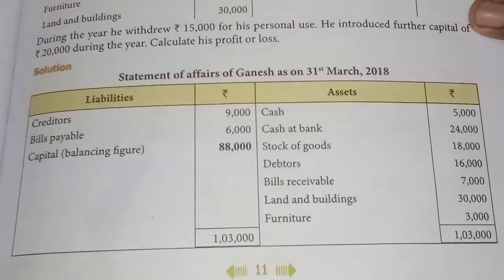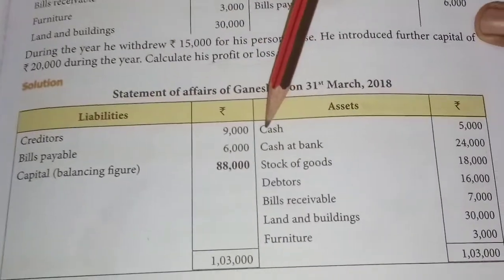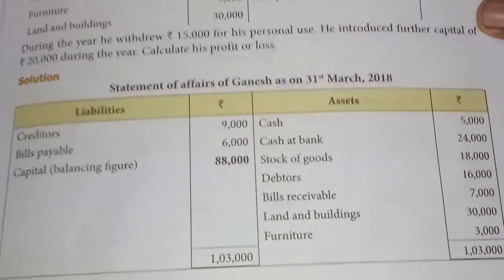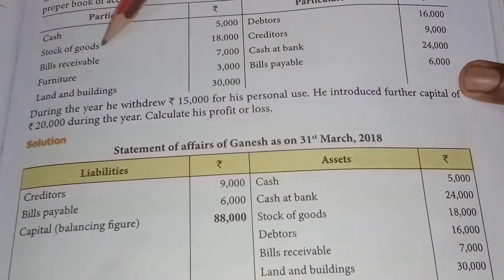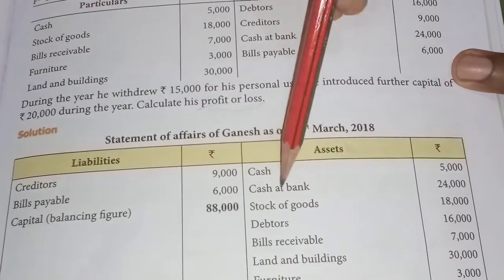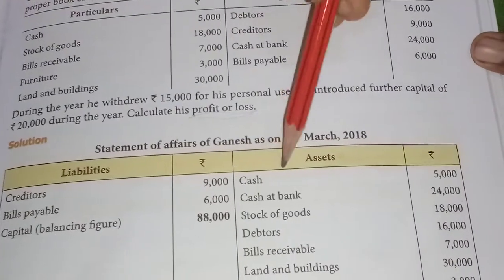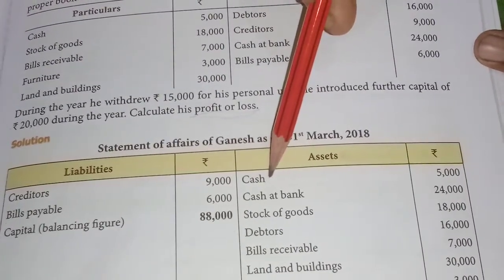That is given here. We have to start from the first item, cash. Cash will be written on the asset side. Next item, stock of goods. That will be coming third because cash is given. Next we have to write the cash at bank because first we have to write the liquid assets.